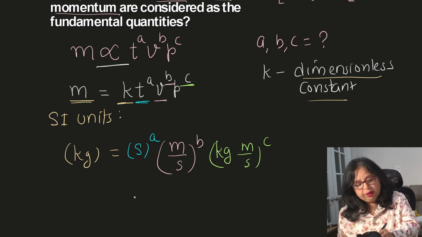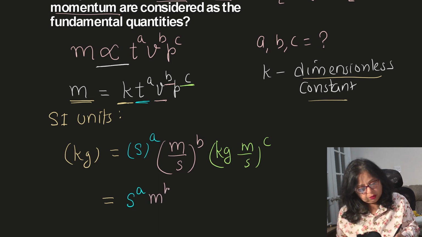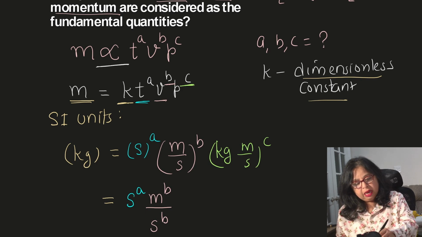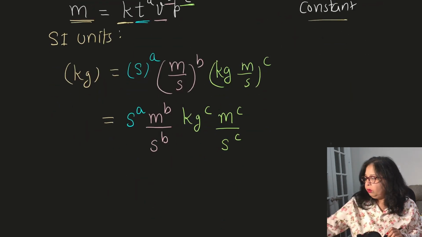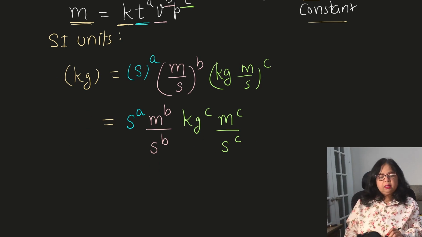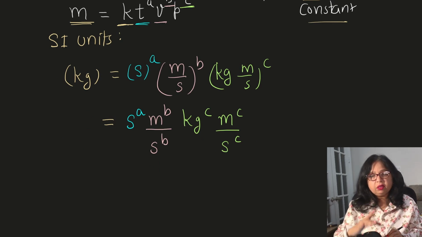Let's see what we get now on the right hand side. We get seconds to the power a, meters to the power b, divided by seconds to the power b, times kilograms to the power c, times meters to the power c, divided by seconds to the power c. Alrighty, now let's combine like SI units on the right hand side.